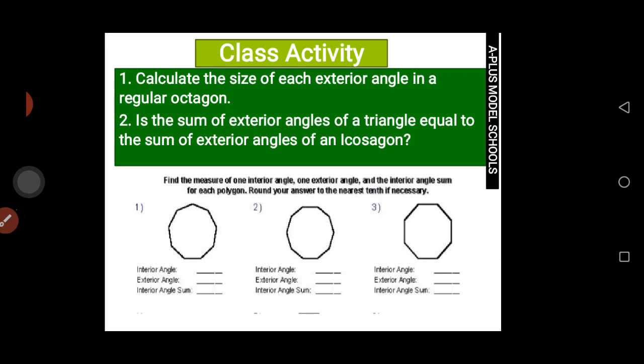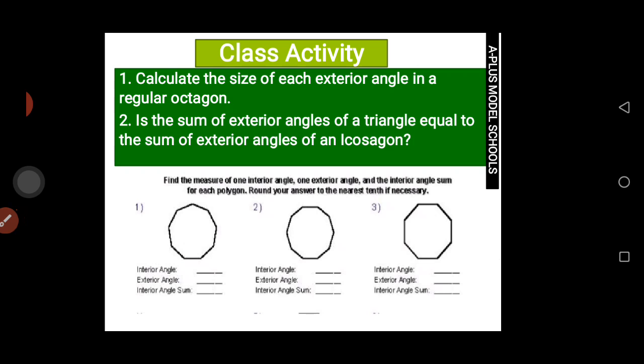And when you are sending your answer, make it clear for me to see so that I can mark, assess, and send it back to you. There are some of you that I told you to do the last class activity again, which I cannot see clearly. So when you are answering it, make sure that you write the question first, then you put your solution under it.